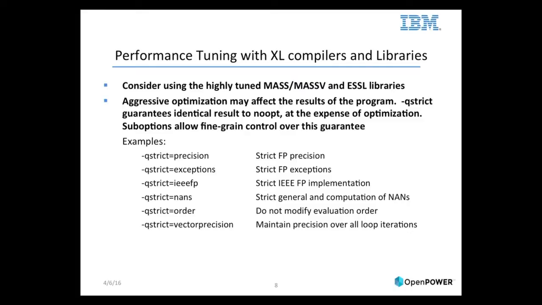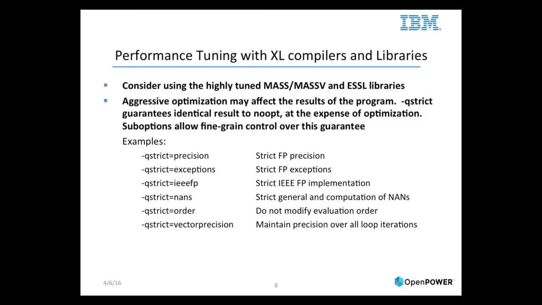In some cases, it is important to use MASS libraries if you are an HPC workload. And if you are really keen about accuracy, some optimizations will be more aggressive and overcome that. But there are options in the compiler that can give it hints to have more strictness in terms of floating point.